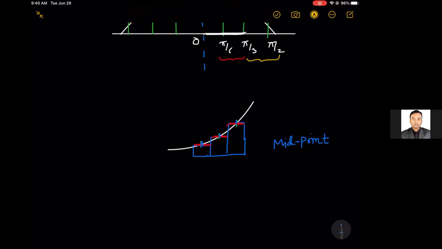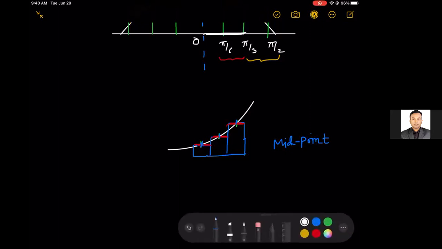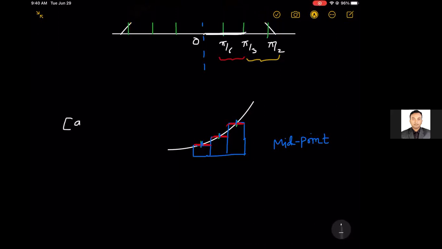Okay. So if you have an interval, like let's say from A to B, the question will say subdivide this interval into three intervals, or rather divide this interval into three sub-intervals.